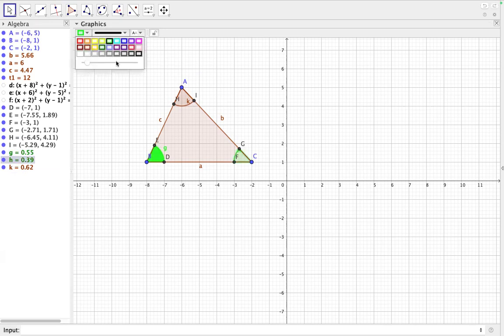Let me go the inverse of that. So this rather to green, this rather to red, and this to yellow. I'm using the colors of our flag: red, yellow, green. So we have finished the first step.